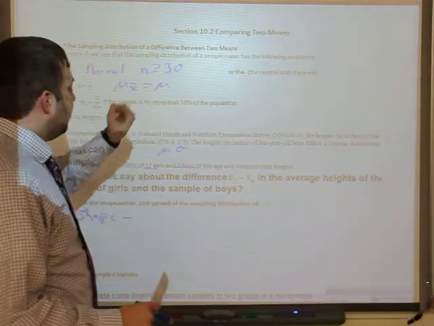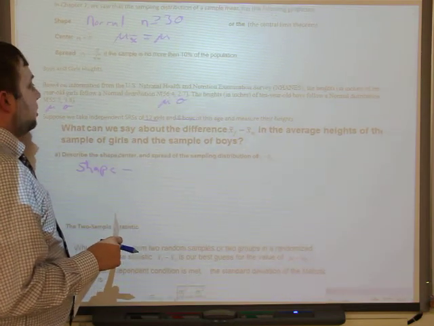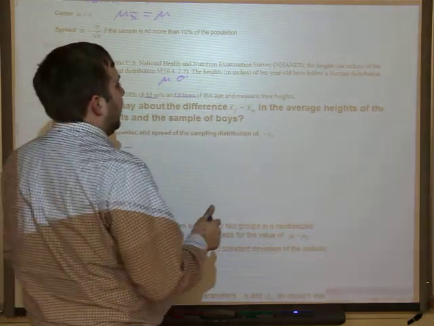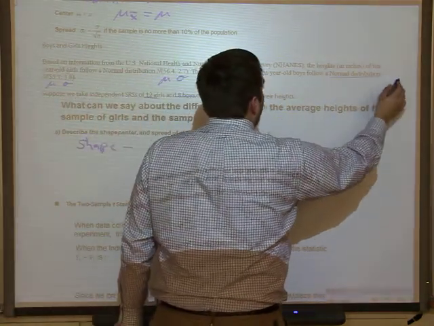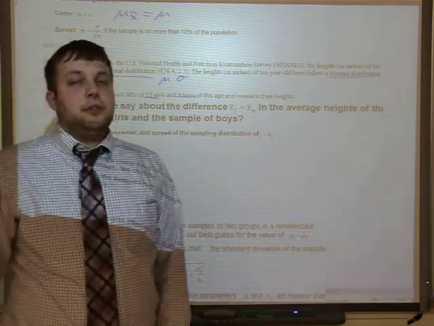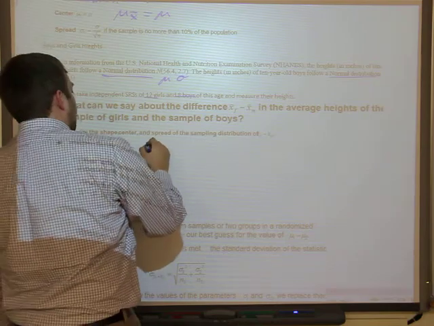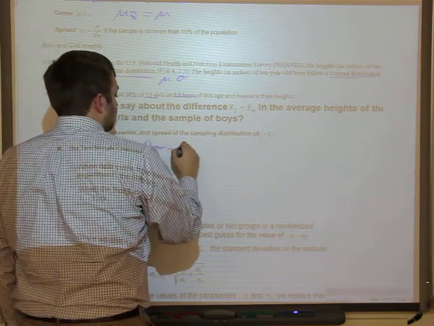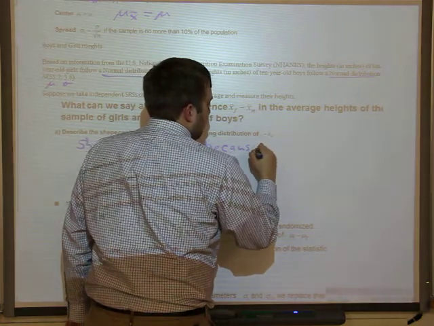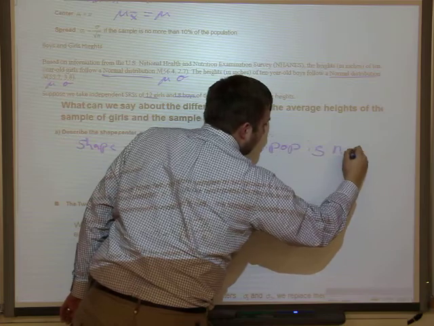There might not be 30, but is the population normal? And it says, the heights of 10-year-old boys follows a normal distribution, and heights of girls follows a normal distribution. So therefore, my sample will be normal because the population is normal.